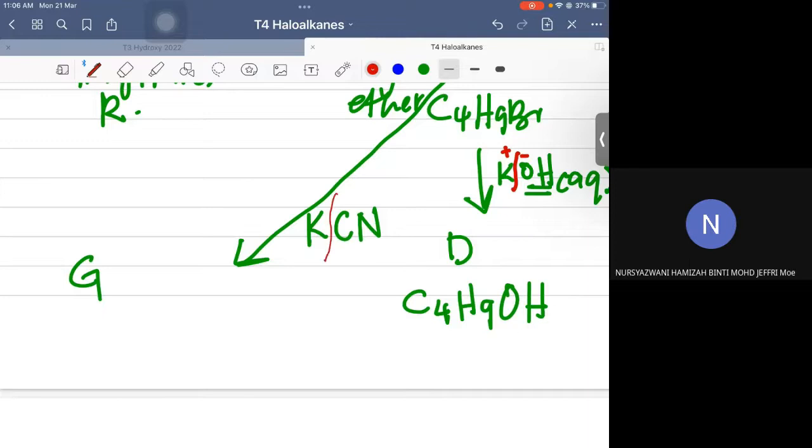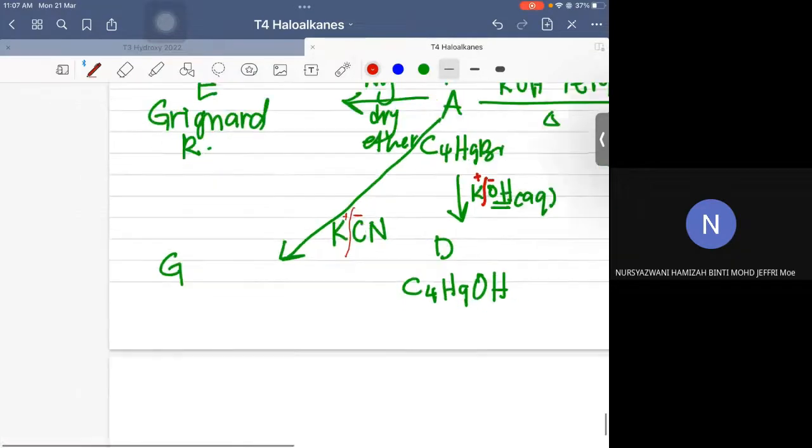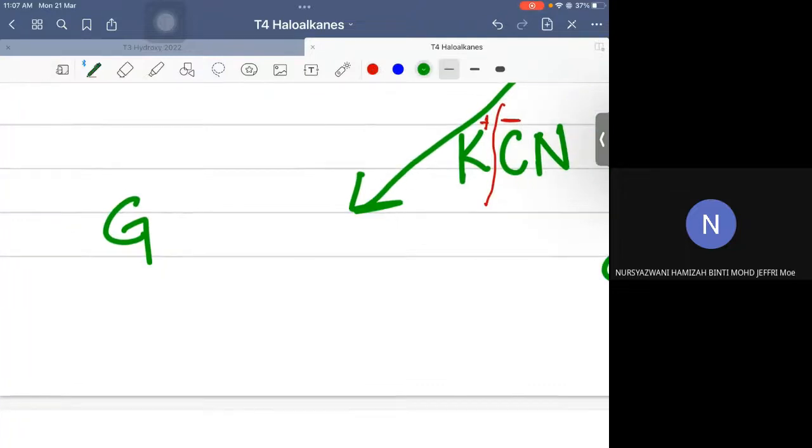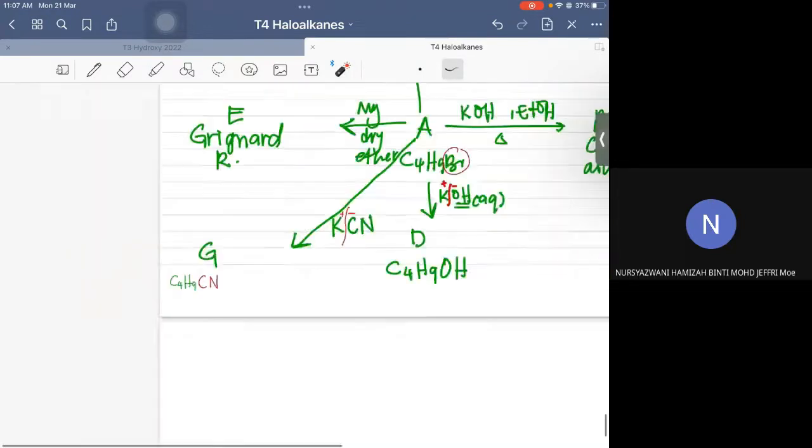Dia akan pecahkan K ni, K jadi K plus, CN minus jadi CN. So actually they are substituting this Br, so kita akan dapat C4H9CN. Br tu dah digantikan dengan CN. So dapatlah extra carbon. Extra carbon datang daripada cyanide, KCN.